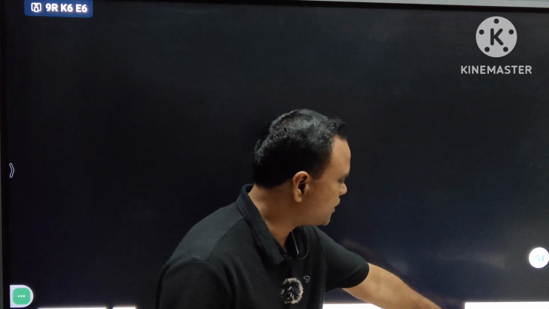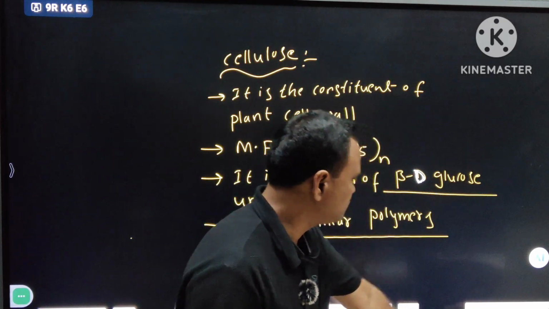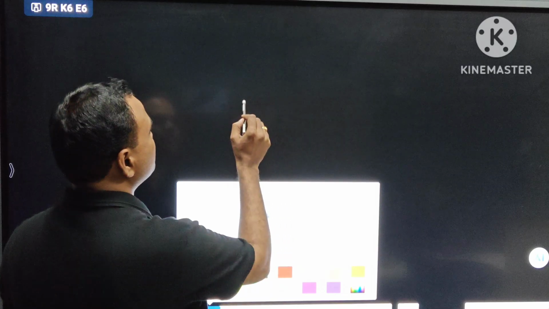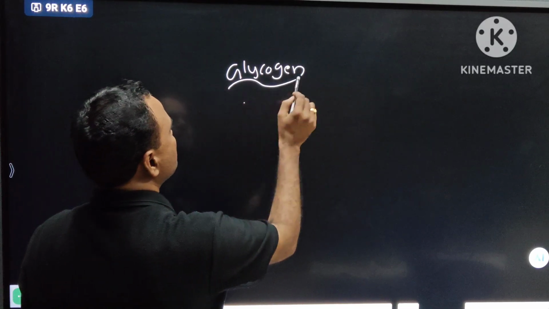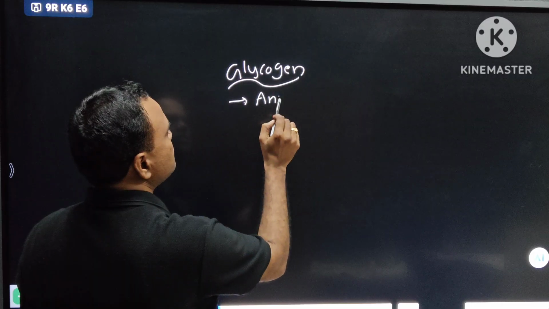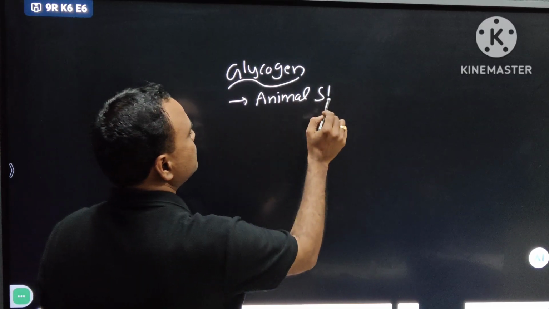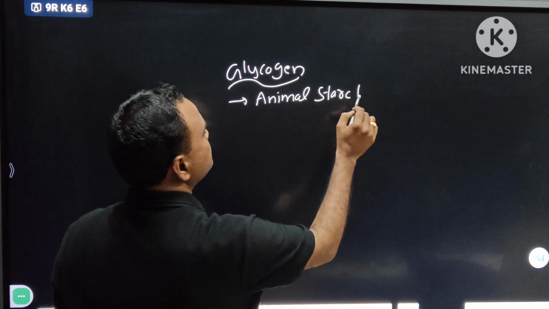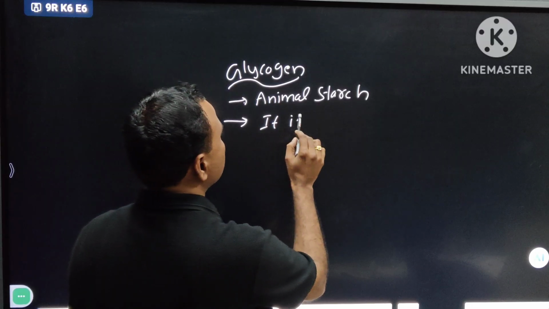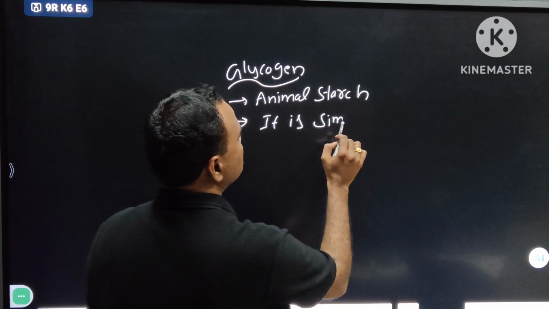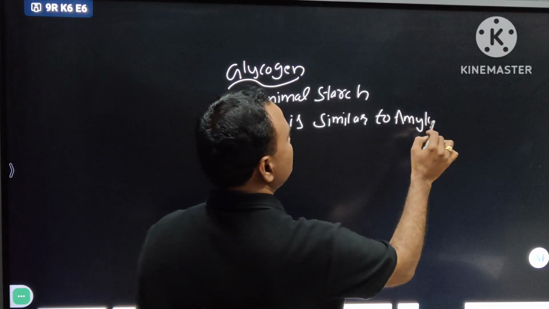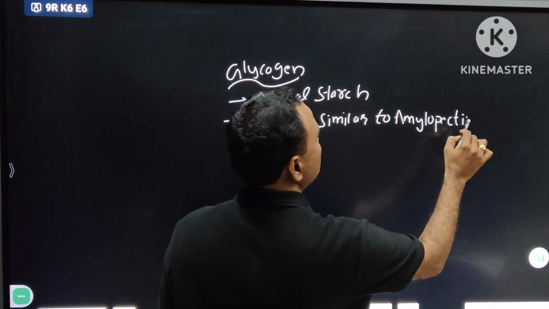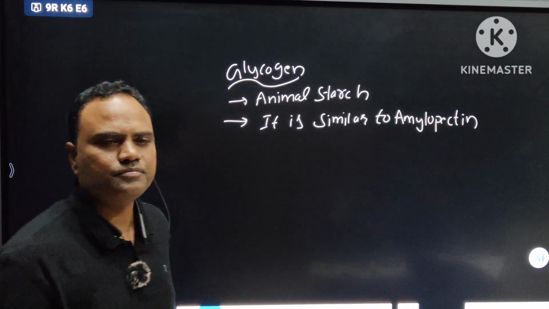Now, glycogen. It is also called animal starch. It is similar to amylopectin.